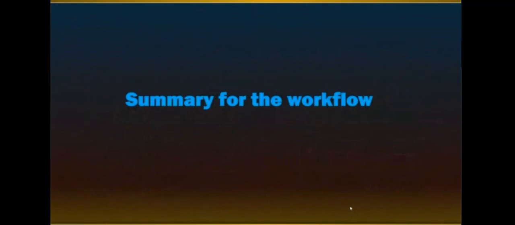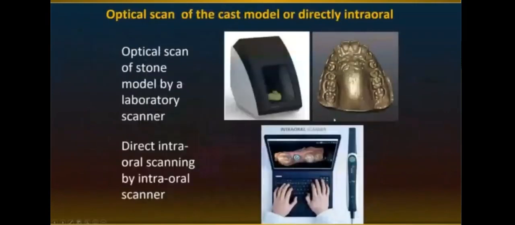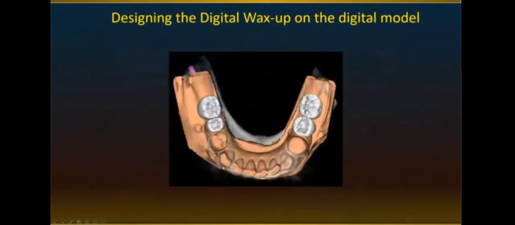So let's summarize our workflow that we should go through when having any implant case. First step, you should have an impression for the patient, whether manual impression and scan it on the scanner, or digital impression directly from the patient's mouth. And you should make a wax up, whether digital or analog, but here it's digital.